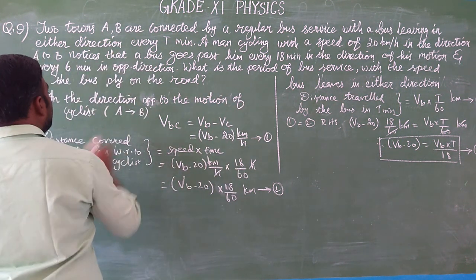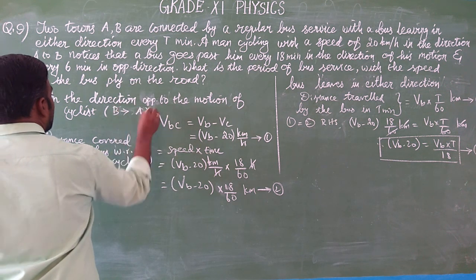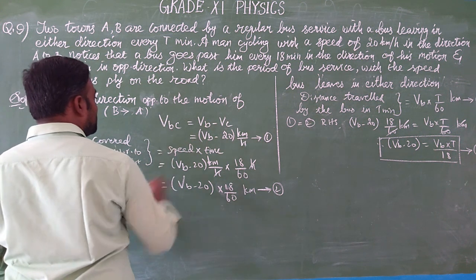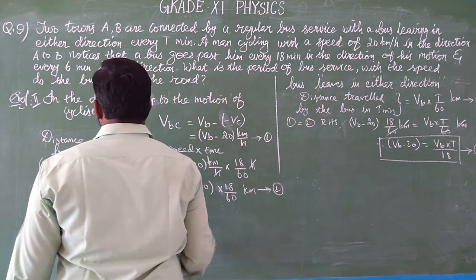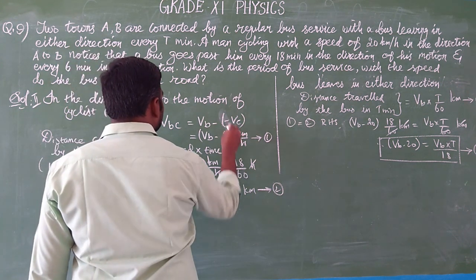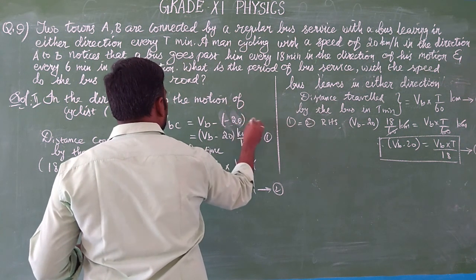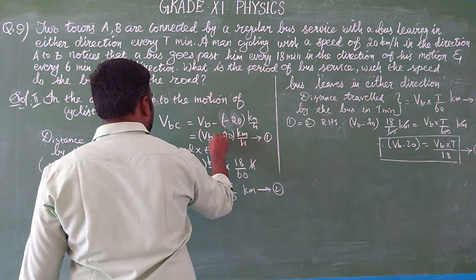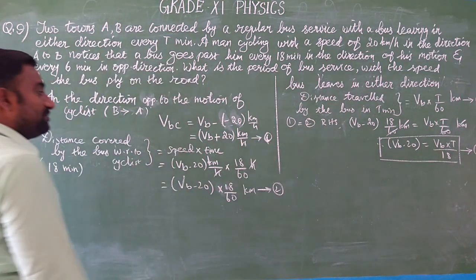That is from B to A, not from A to B. So in this case, the velocity of the bus with respect to the cyclist is Vb minus of minus Vc, so minus of minus 20 kilometer per hour. Minus into minus becomes plus. So this is equation number 4.